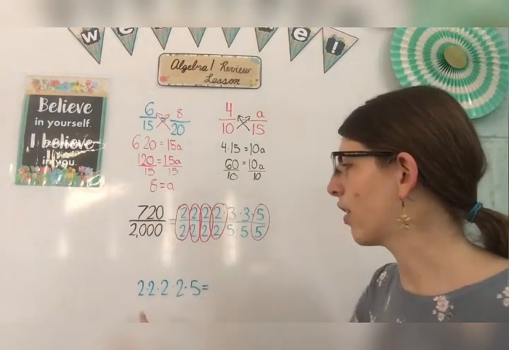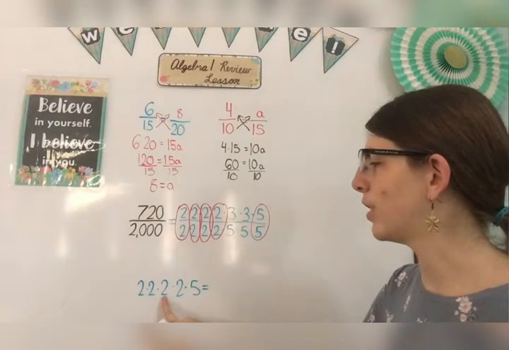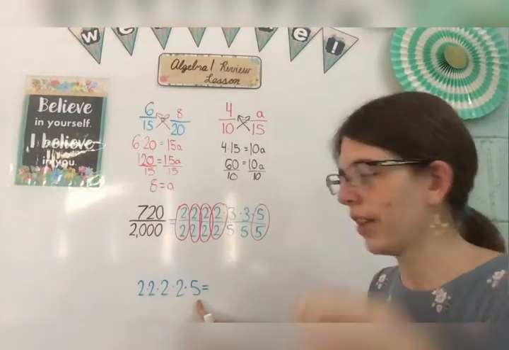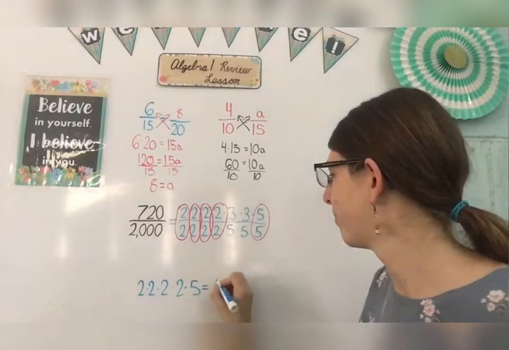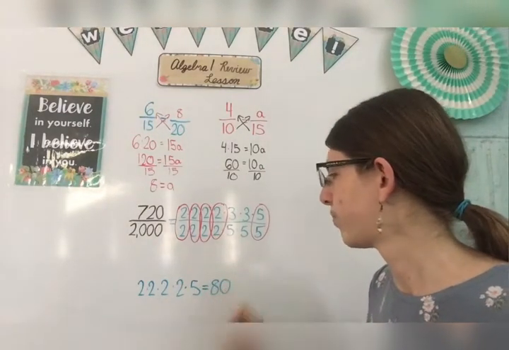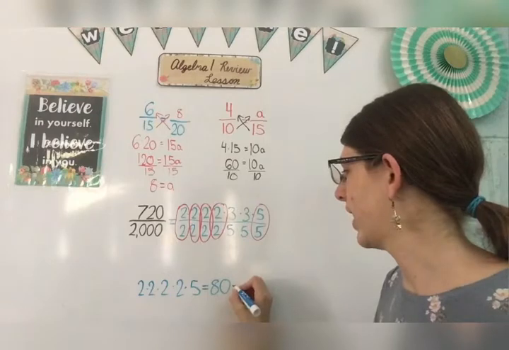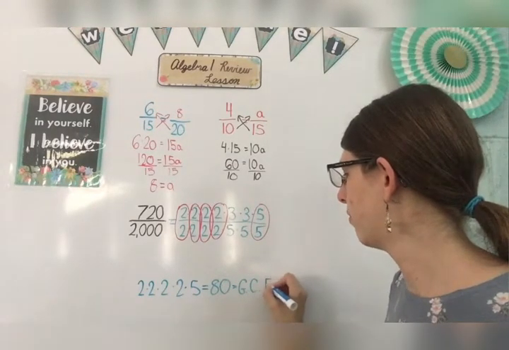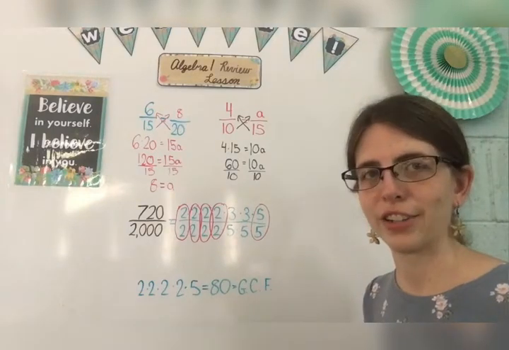Multiply these together. 2 times 2 is 4, times 2 is 8, times 2 is 16, times 5 is 80. That right there is your GCF, your greatest common factor.